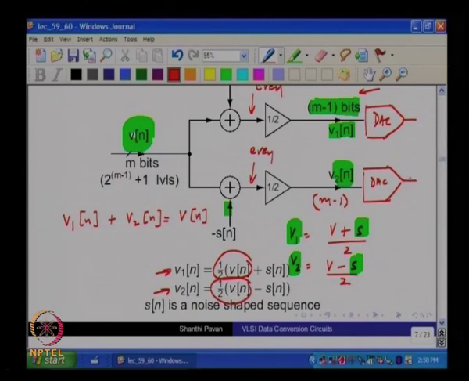Let us say these two DACs are exactly identical, the only difference is that this is 1 plus delta 1, this is 1 plus delta 2, and I add the 2. Can you comment on the sensitivity to delta 1 and delta 2 of the combined output? It is a, I am sorry, it is a multiplier.